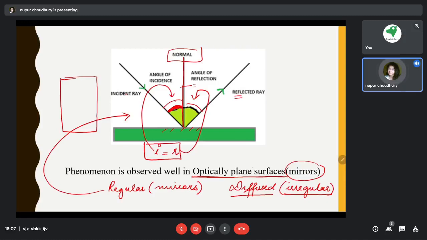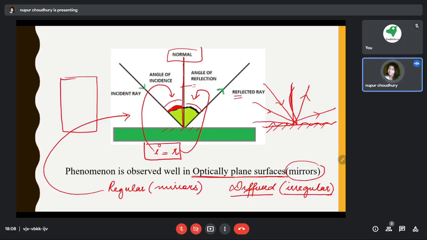However, in diffuse reflection, in the same diagram, I have a normal here, and this surface no longer looks like this. Let me say it is a rough surface, not a plane surface. Whatever light I am incident on this surface gets reflected in different directions.